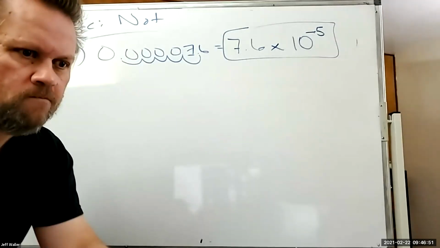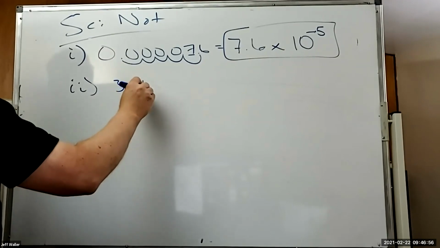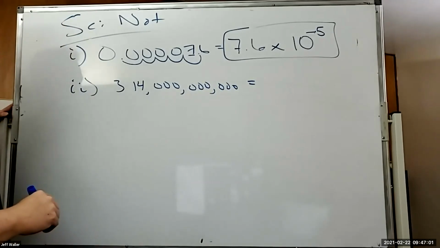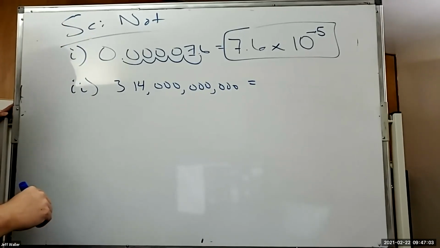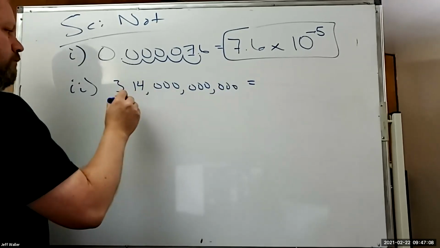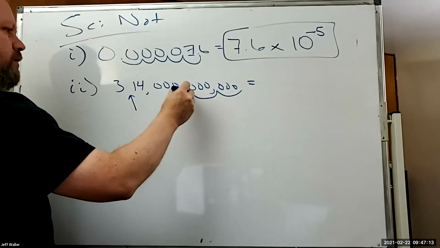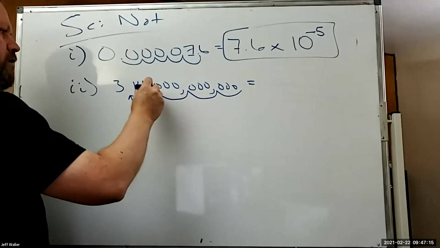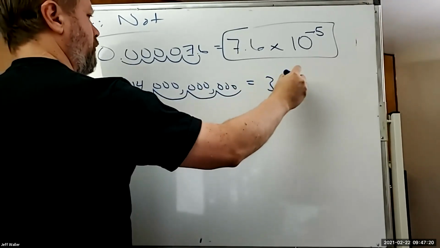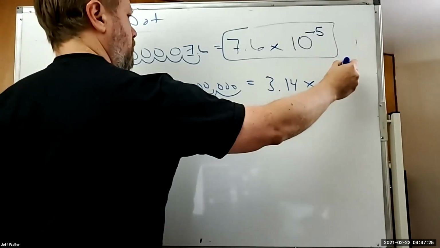Okay, so then what about this, of course? You would move the decimal between the 3 and the 1. It'd be 3.14 times 10 to the 11th.